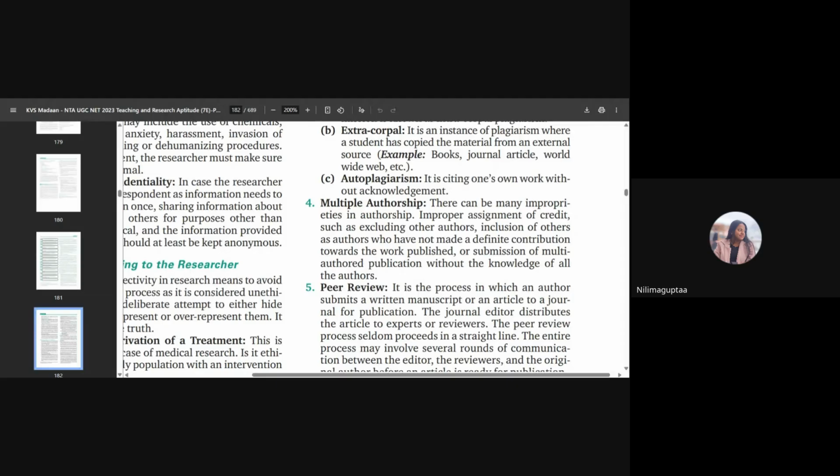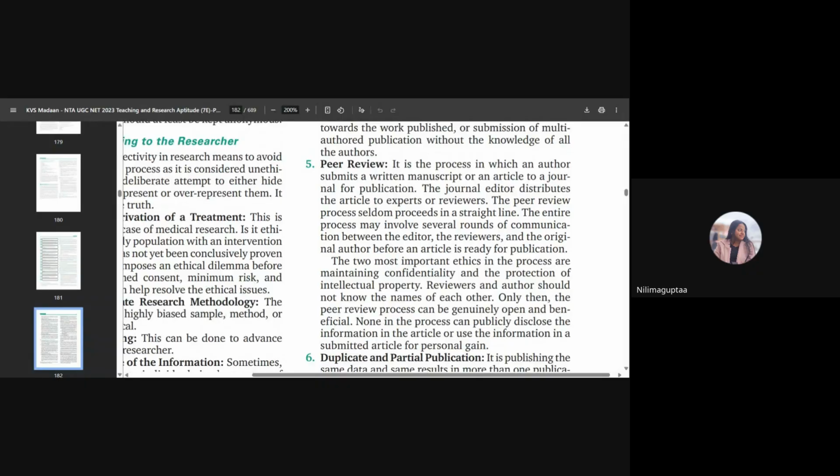So this kind of multiple authorship is again a problem that is being done, not giving due credit to the people. Another is peer review. It is a process in which an author submits a written manuscript or an article to a journal for publication. The journal editor distributes the article to experts or reviewers to check whatever it has been written.